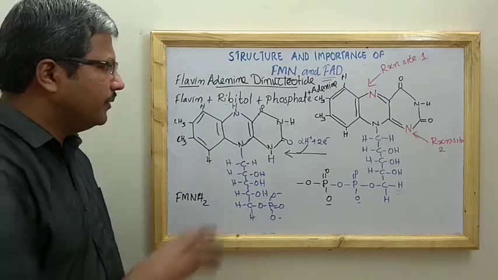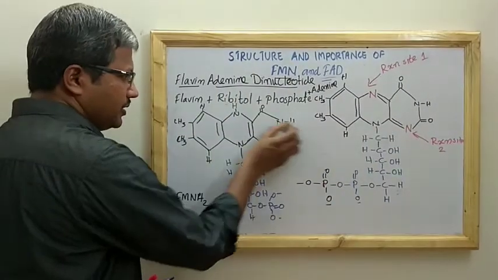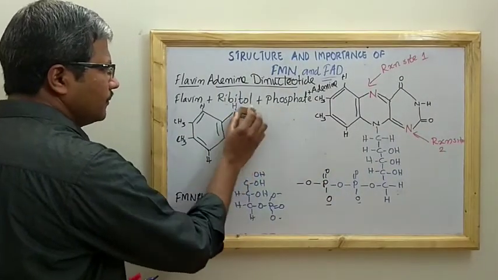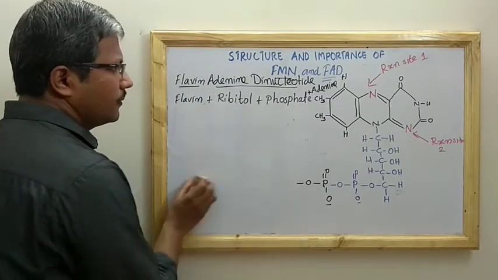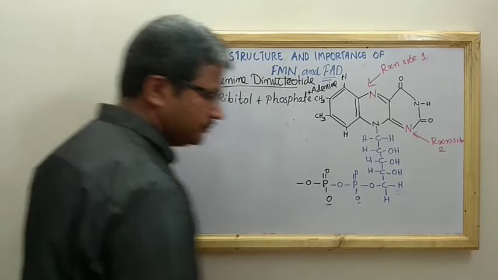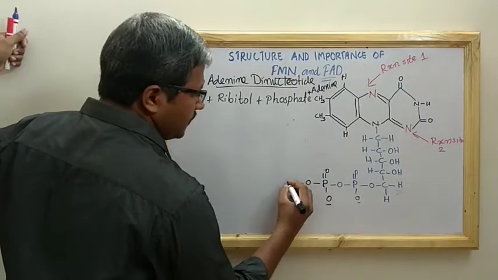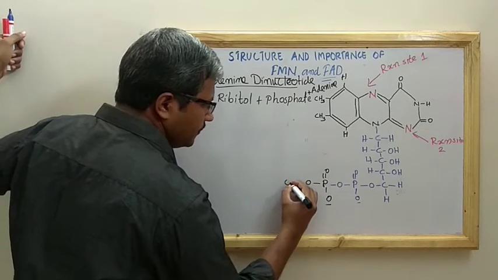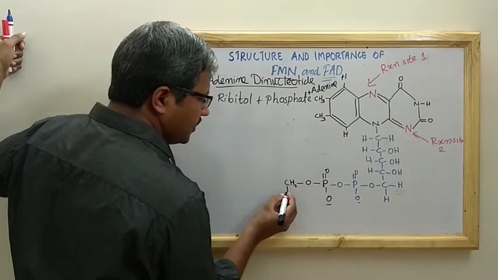Let us see that. I'm just erasing this particular part, otherwise we cannot draw it. Okay, CH2 should be here. And then what should be the hydrogen?